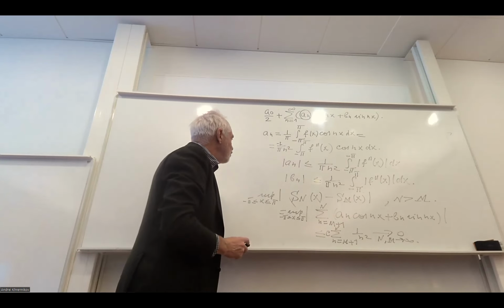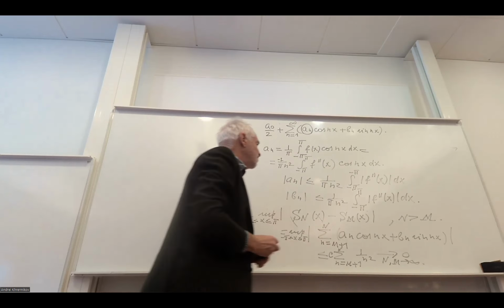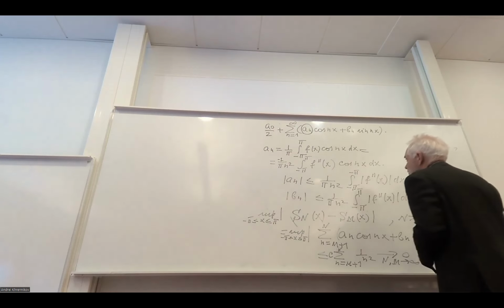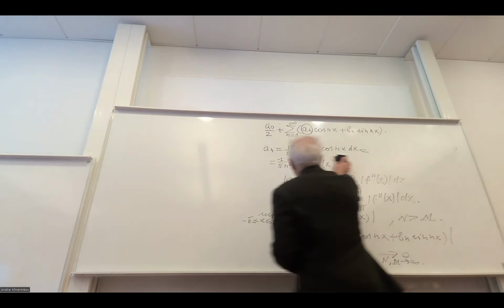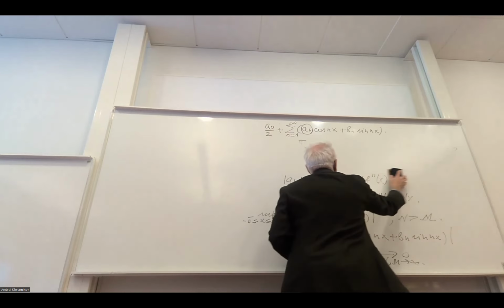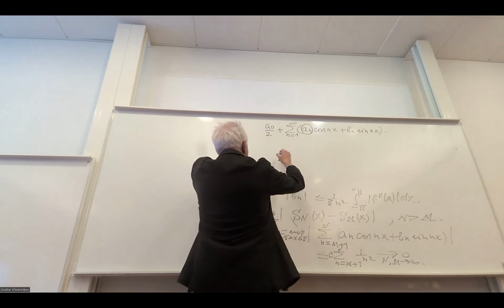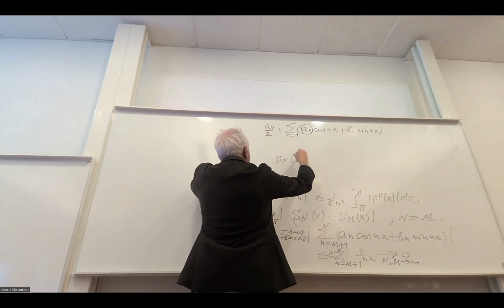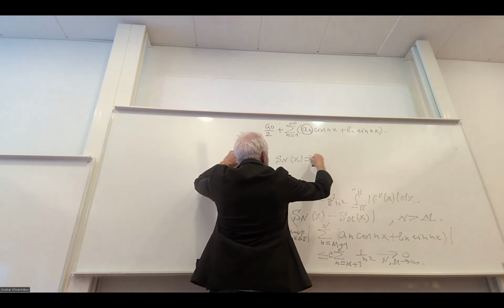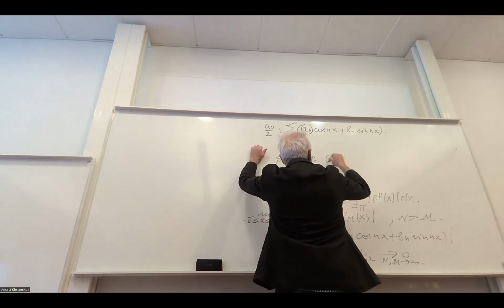So now we know that S_n(x) has a uniform limit, so they converge uniformly to the sum of the Fourier series.